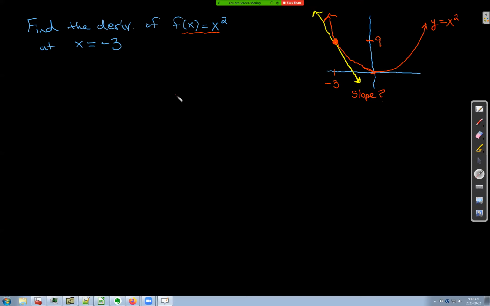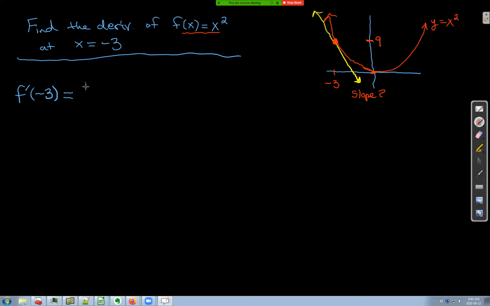Okay, so let's do it now. We're going to compute the derivative at x is equal to -3. The notation for that is f prime of, oh wait, I keep saying 3, but I mean to say -3, sorry. So we're going to compute the derivative at -3. And what's the definition of that?